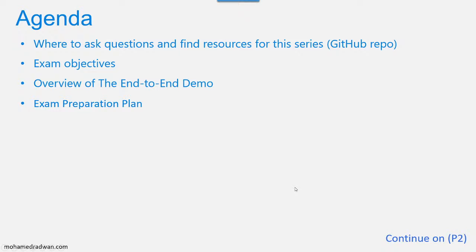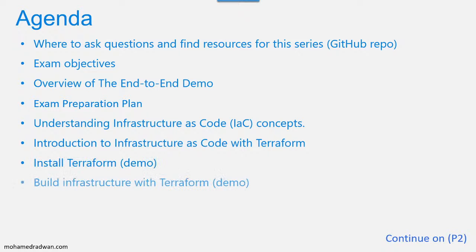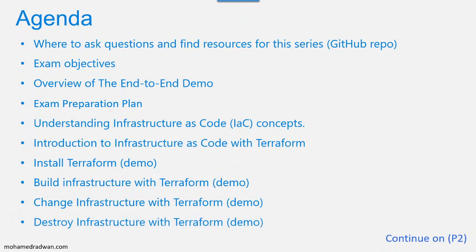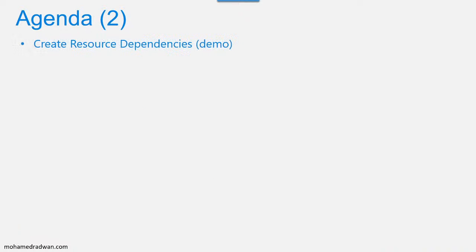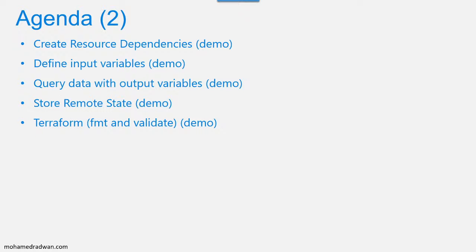Then we will go through the preparation plan: understand infrastructure as code, introduction to infrastructure as code with Terraform, install Terraform demo, build infrastructure with Terraform, change infrastructure with Terraform demo, destroy infrastructure with Terraform demo, create resource dependencies, define input variables, query data with output variables, store remote state, Terraform fmt and validate, taint resource, and notes at the end.